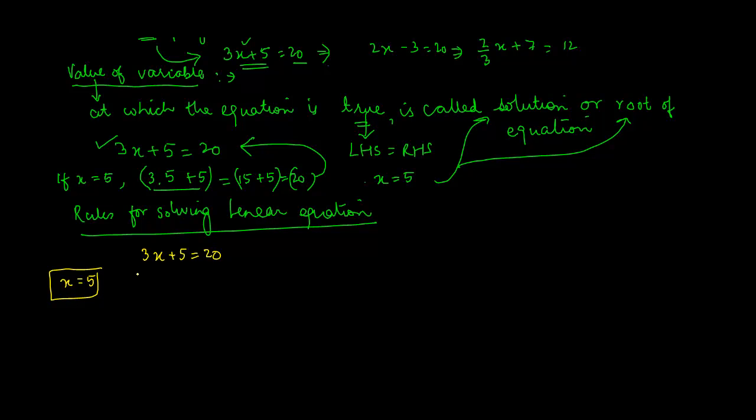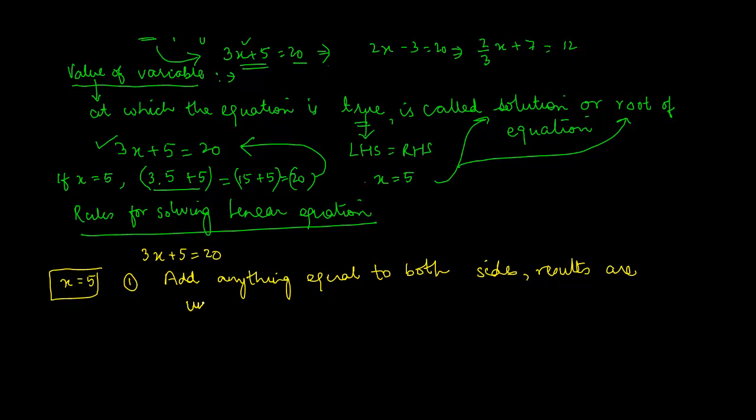Now rule number 1 is that if you add anything equal to both sides, results are unchanged. Now what does this mean?